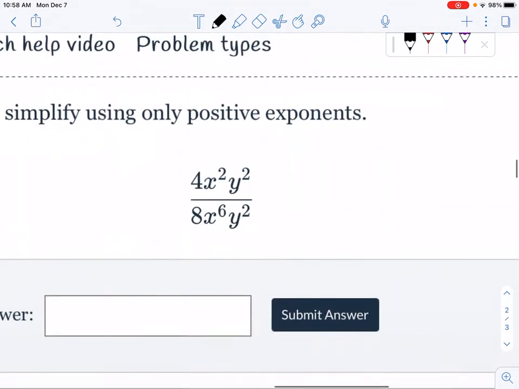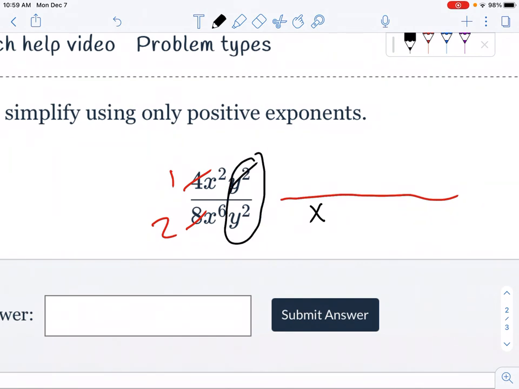Okay, last couple examples. Okay, so this one we can reduce. 4 goes into 4 one time. 4 goes into 8 twice. Now I'm looking, I can tell my x's answer is going to be written on the bottom. And my y's, neither of them are bigger. In fact, if we were to subtract these ones, they cancel each other out.